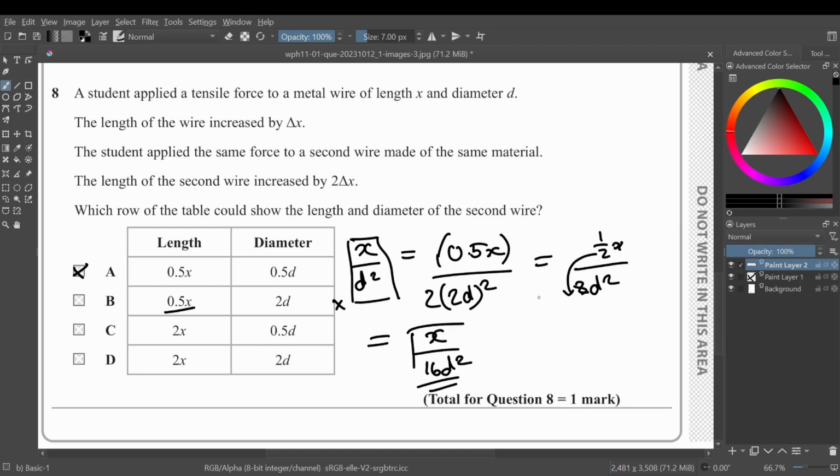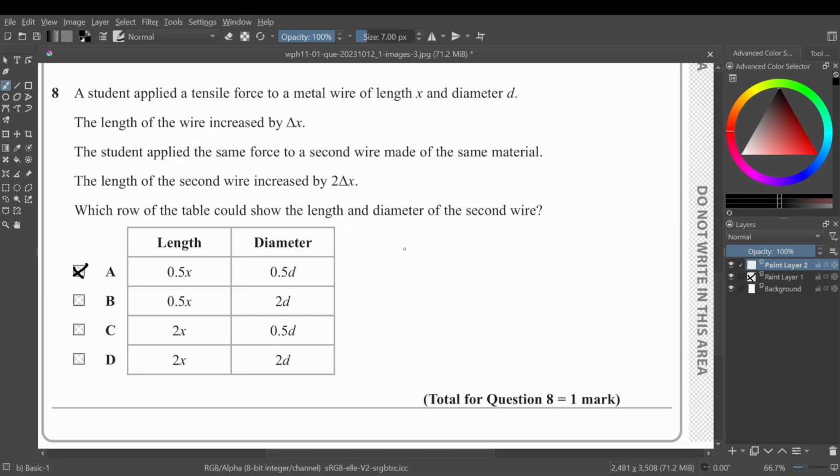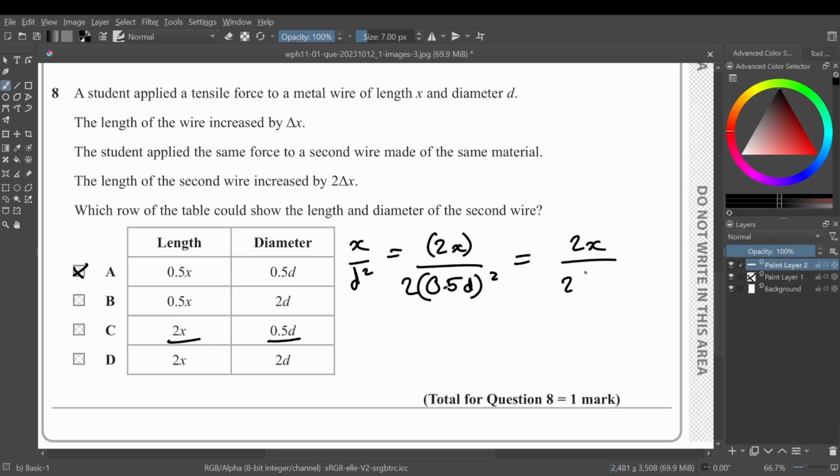So let's take option number C as well. Okay, so option number C says 2 and 0.5. So x by d square is equal to 2x over 0.5 d whole square. Now if you check it, it's 2x by, and make sure to add 2 as well, so it's 2x by 2 times 1 by 2 d square, right?